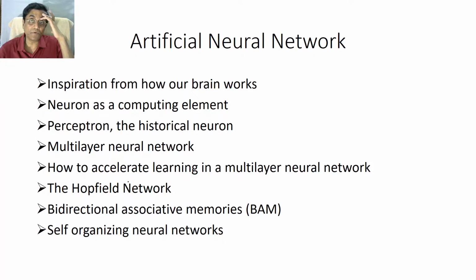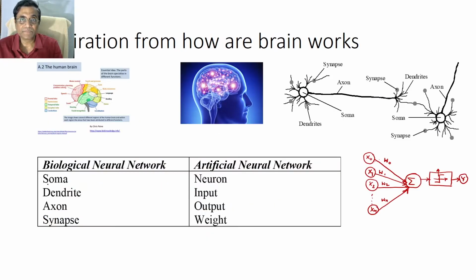Then we'll talk about a recurrent neural network, perhaps the first recurrent neural network, that is the Hopfield network. Then also we'll discuss bidirectional associative memory, and then self-organizing neural networks. So all this we'll study one by one, but first a little bit of history.